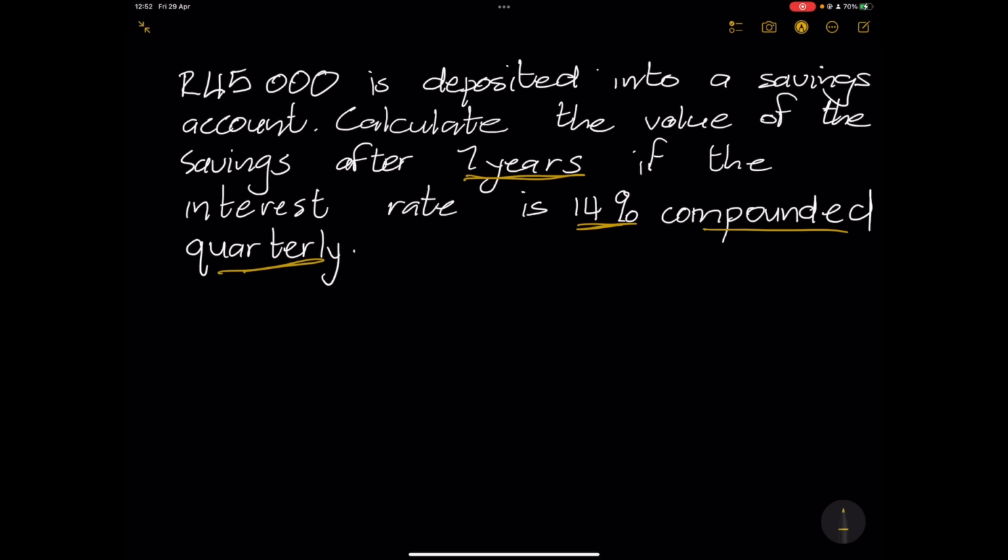Now note in this case that they are changing the compounding period. Because it's quarterly, we are compounding 4 times a year, right? So we want to find out what the accumulated amount is. But remember, because we are not compounding annually, we're going to consider our formula i over m, and this would be n multiplied by m.